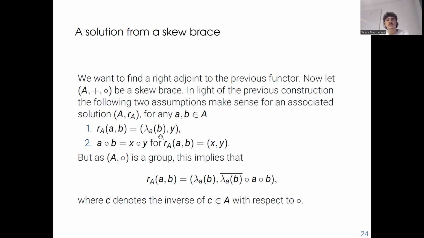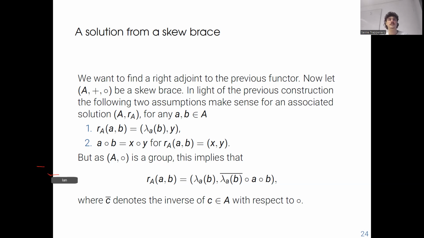Recall that A circle is a group. Having this condition, and knowing what the left component looks like, if we want the product of these two to be equal to the product of A and B, this is the way to do it. We put lambda A of B inverse there, and once we multiply these two, we get A circle B.